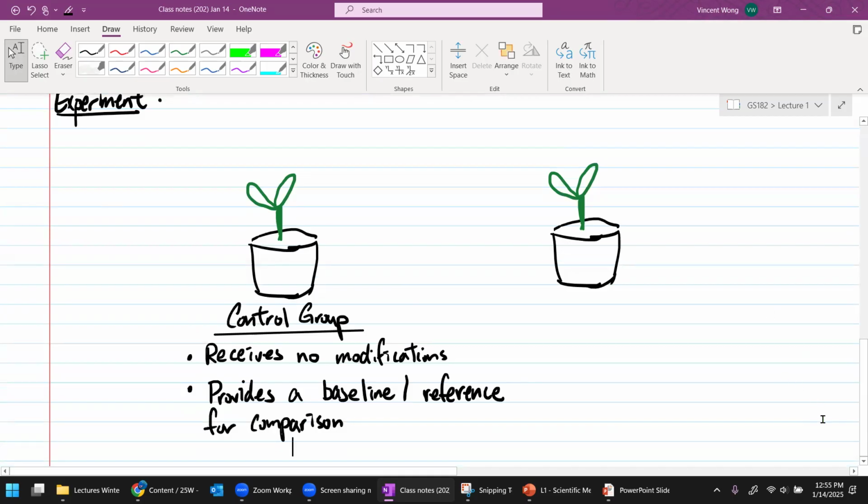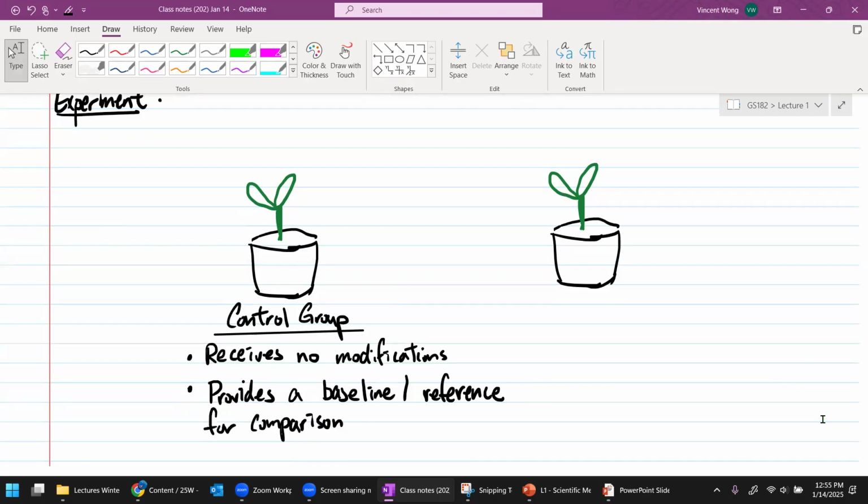Think about this for a second. If I just have a single plant and I put it in sunlight and it grew by 15 centimeters after 2 days, how do I know that's a lot of growth or not? Is that more than normal? Is that less than normal? What is normal?